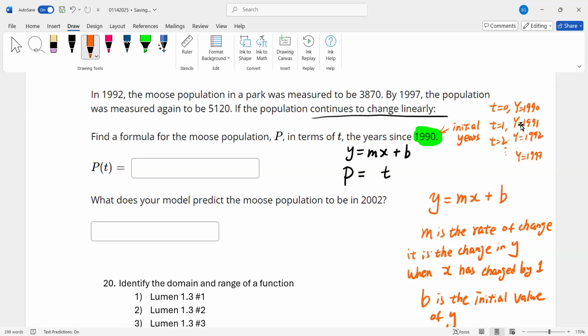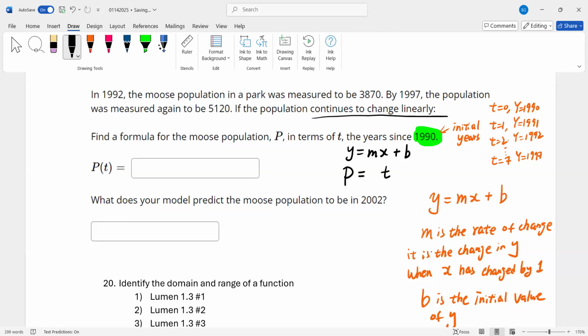That should be 7, when t equals 7, right? And you can just keep going to find the value of t for a specific year since 1990. So that is t. We should understand that is t.